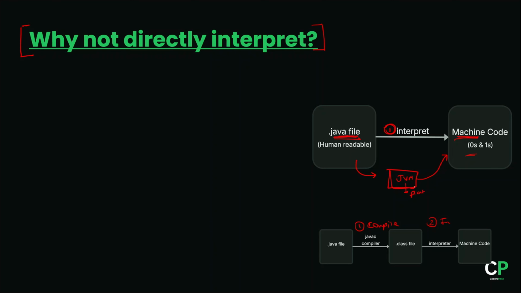The JVM converts the source code into the machine code line by line according to the given OS. Still, Java remains platform independent. The same Java file can run anywhere where a JVM exists. So why doesn't Java choose this approach? Instead, it uses the two-step approach, that is, first it compiles and then it interprets. So let's see why.